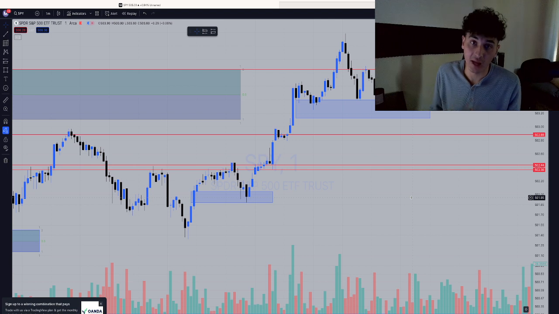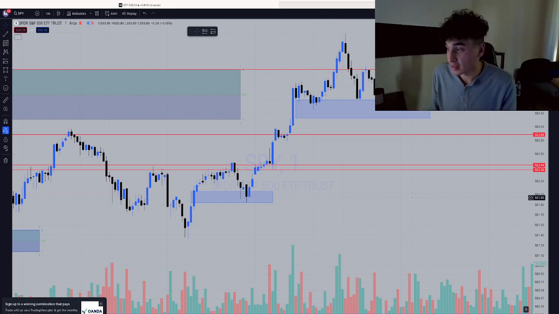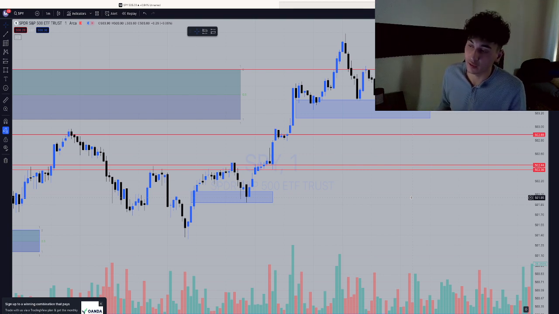So the first time is when the most imbalance and unfilled orders are left within that area. Obviously the first time it retraces into it, that's what's going to cause a stronger move. So that's typically why I only look to utilize a fair value gap on the first move.